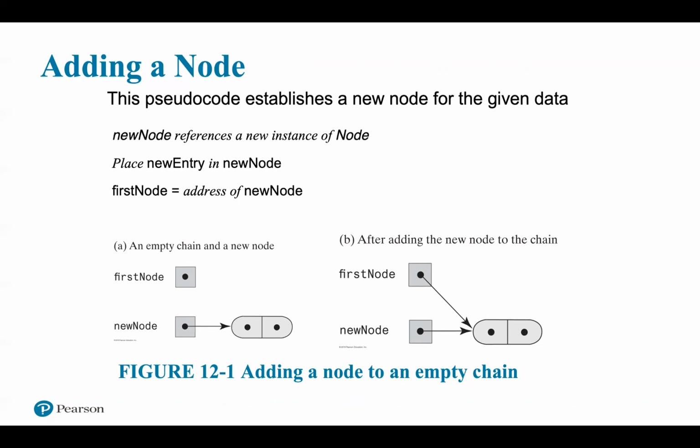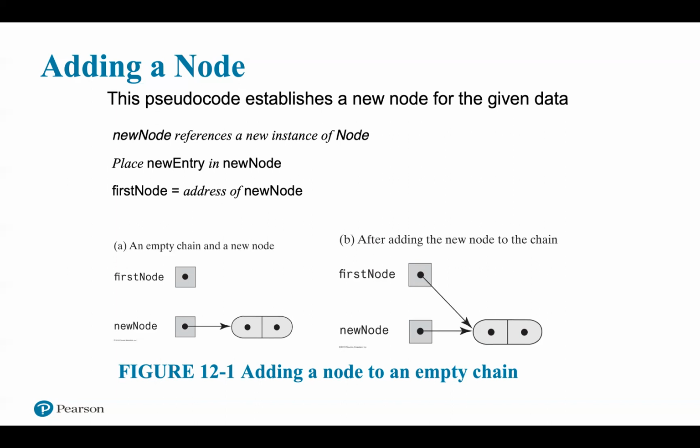The following pseudocode places the new entry reference into a new node and then inserts the node into the empty chain. New node references a new instance of node, place the new entry in the new node, first node equals the address of the new node. Figure 12.1b shows the results of this operation.